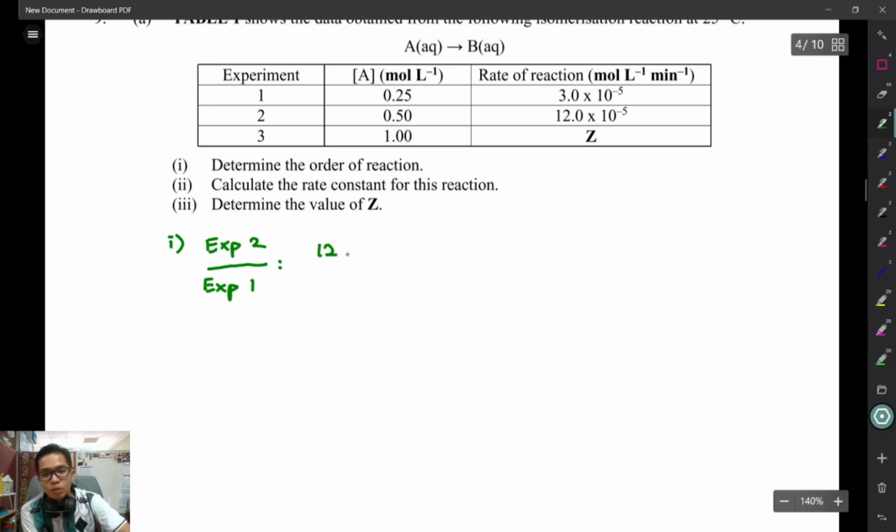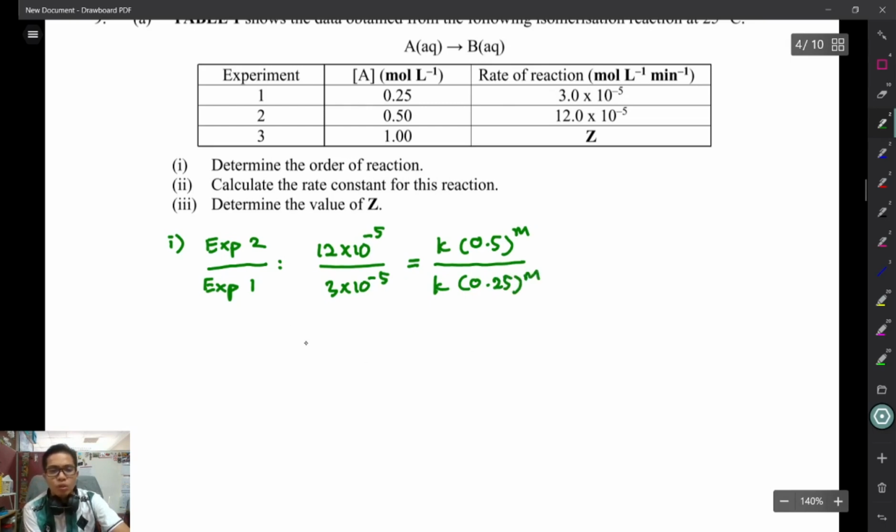Right, so experiment 2, 12 exponent negative 5, divided by experiment 1, 3 exponent negative 5, equal to rate constant K times concentration of A, 0.5 to the power of M, divided by another K rate constant times 0.25 to the power of M. If you are wondering why I wrote the formula like this, basically I follow the rate law.